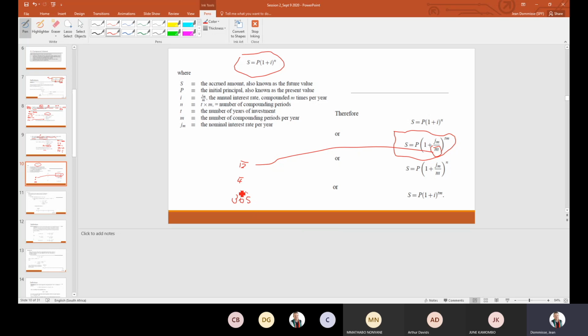So it can be a few things, and it is important to remember that it automatically changes the number of times that this interest will happen.